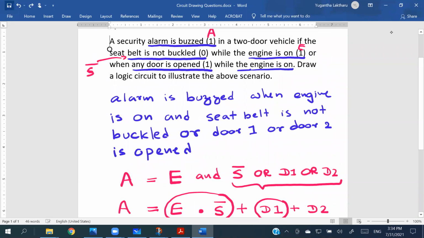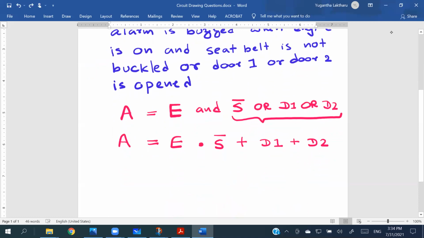What we want is E should happen with one of these. So to say one of these, we have to bracket this. Right? Engine on and one of these, S bar or D1 or D2.